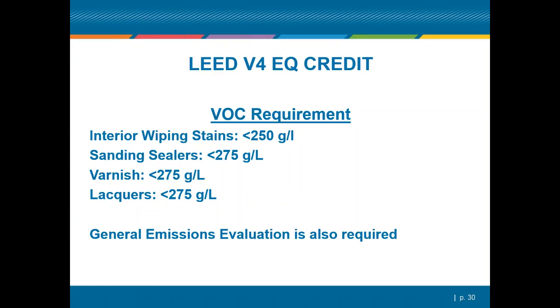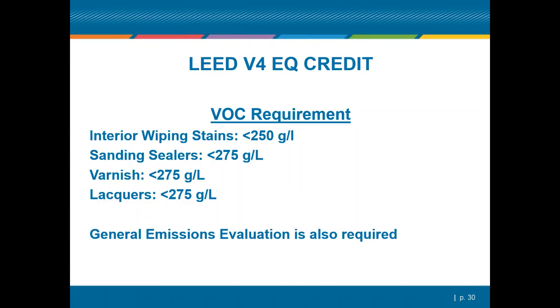Another component is not just the VOC content of the paint, varnish, and stain products, but whether they can pass small chamber testing or the general emissions evaluation. And there are none that I am aware of currently that can meet that small chamber testing aspect of things.